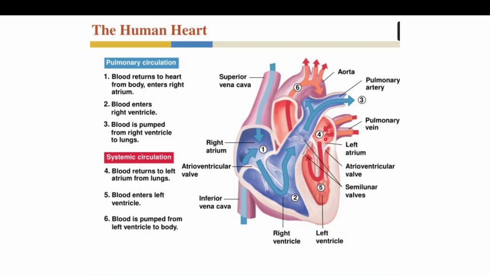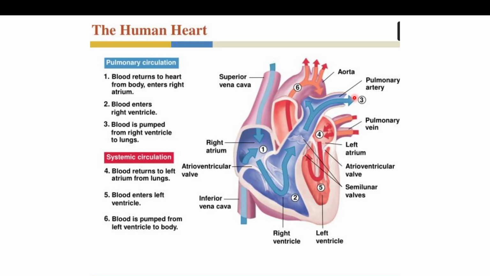So from the body into the right atrium and right ventricle, this is deoxygenated blood. And when this deoxygenated blood goes into the lungs, it gets exchanged. Oxygen is diffused via diffusion, and the blood gets purified.